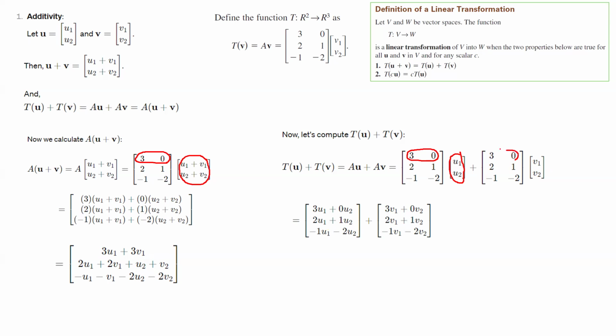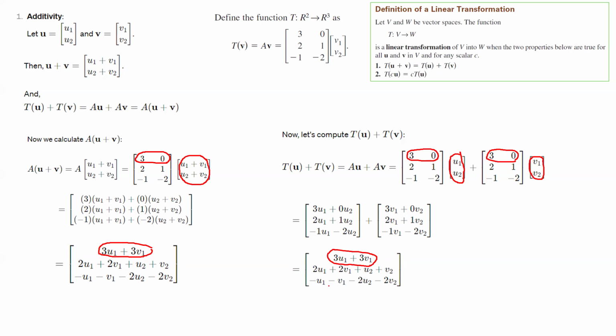The same process for the matrix multiplied by vector v: 3v1 plus 0v2, and 2v1 plus 1v2, and so on. If I add these two vectors together, this is 3u1 plus 3v1. So far, the very first entries are the same. You can check the rest of them. These two are the same as well, and these two are the same.